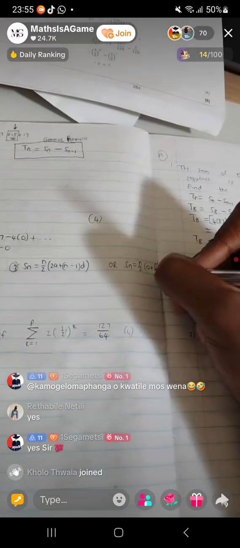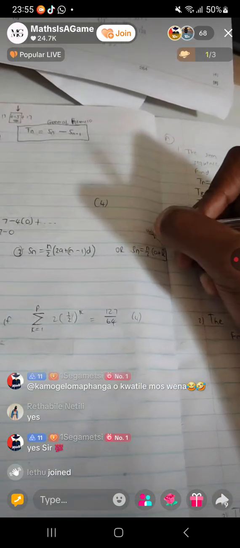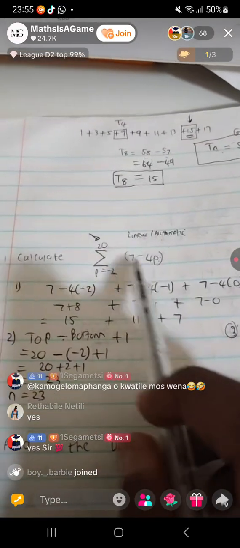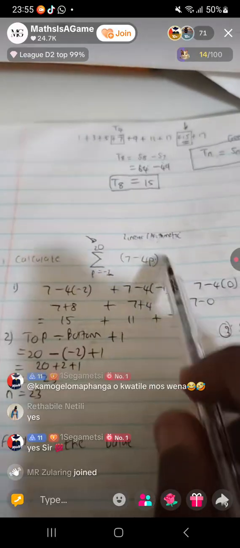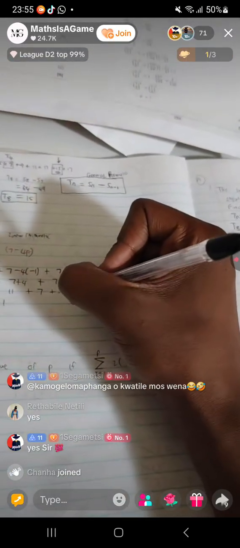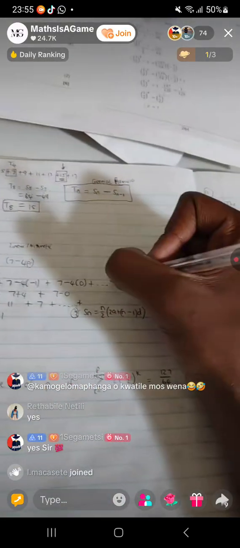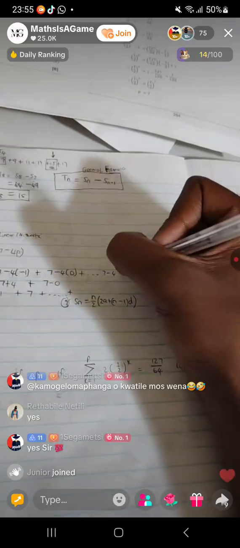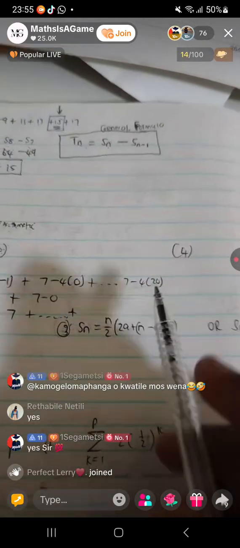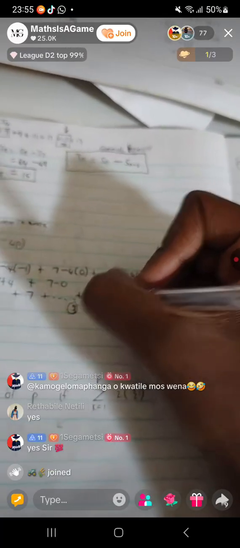This one will be used only if we have the value of the last term. And guys, we know that the value of the last term can be found if we take 20 and substitute it into the formula. We take 7 minus 4 into 20 and we get the value: 7 minus 80 is -73.